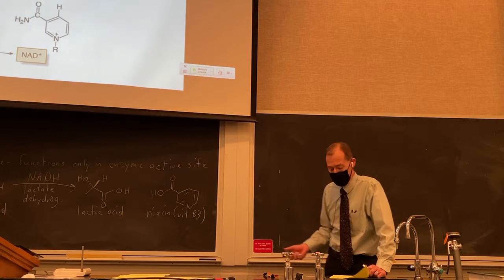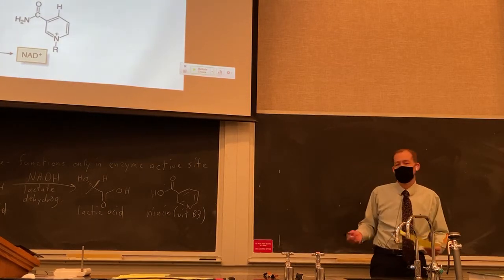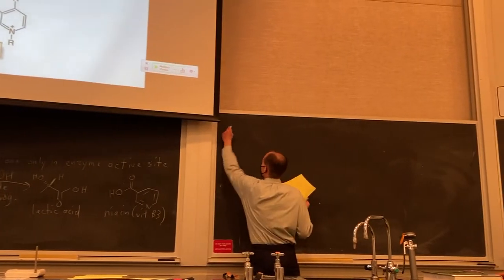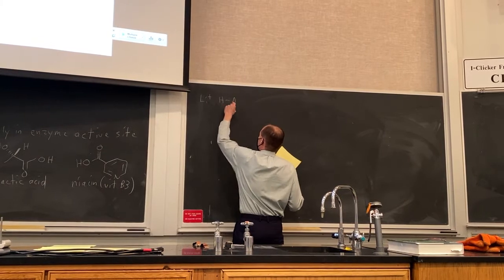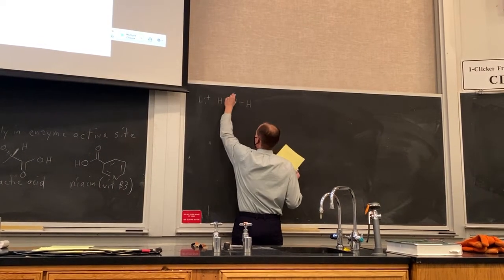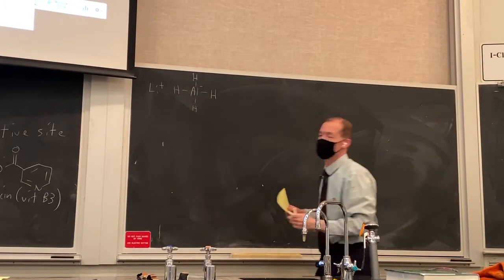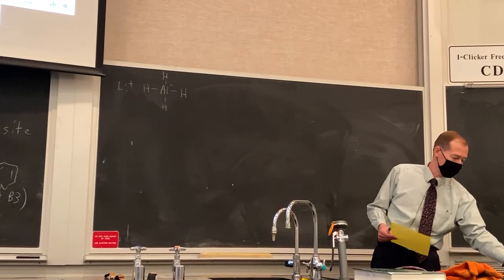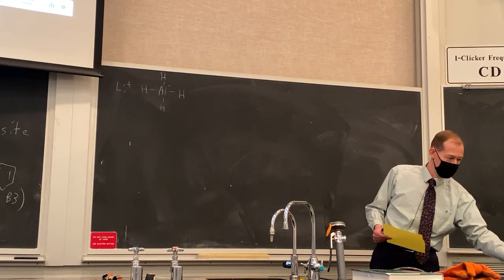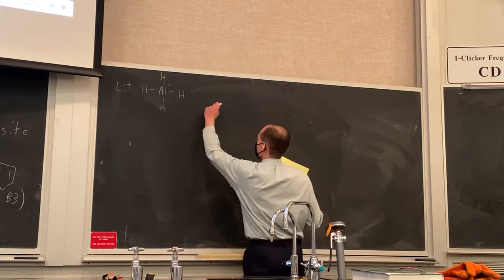Lithium aluminum hydride, which we learned about previously, is very good at reducing carboxylic acids and their derivatives. And we'll reduce them all the way down to primary alcohols, or in the case of an amide, as we'll learn today, we generate an amine, okay?